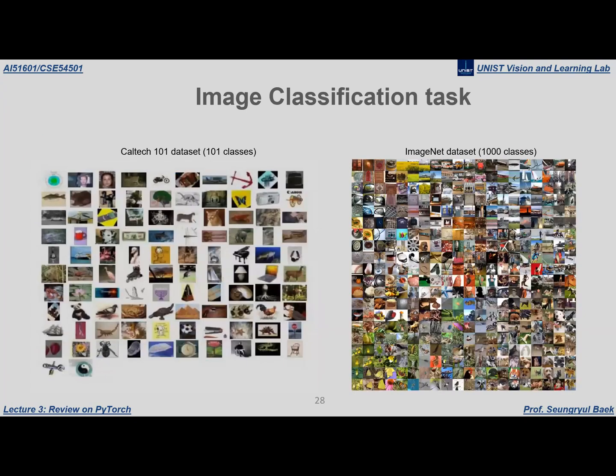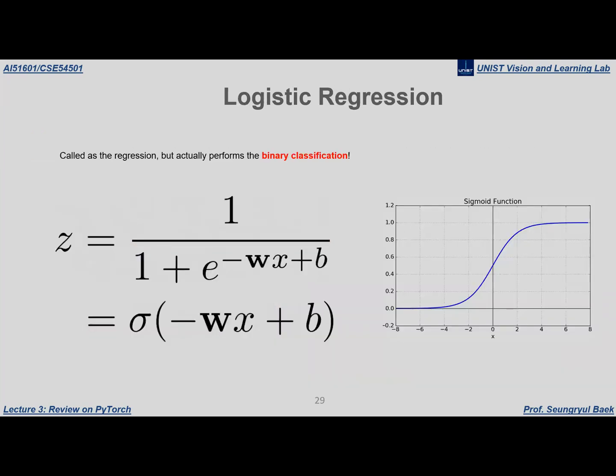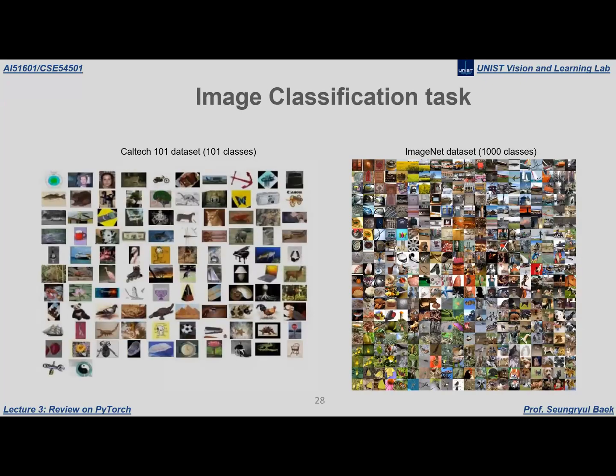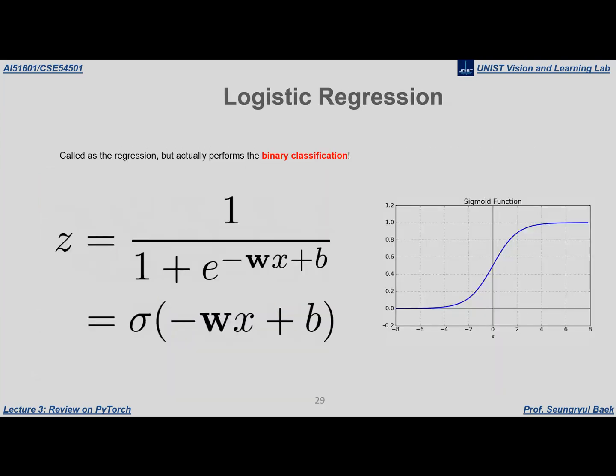Okay, this is another example of an image classification dataset. And so we will tackle this image classification task, and I will show you how we can train the network for this image classification task using PyTorch code, okay? But before that, I want to explain how we can first implement the binary classification task, okay?